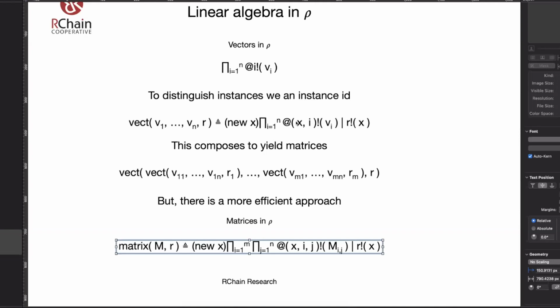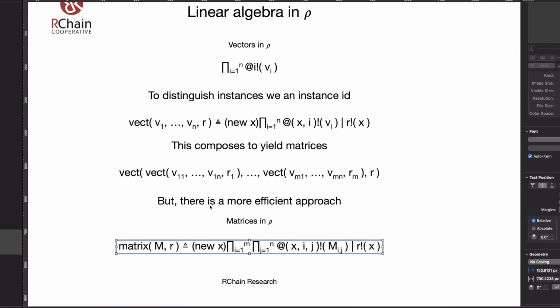So at each xi, there's the value of the ith value of the vector. Is this clear? Yeah. And this composes, right? I didn't say what the values are, so I could put vectors as the ith value of the vector v.